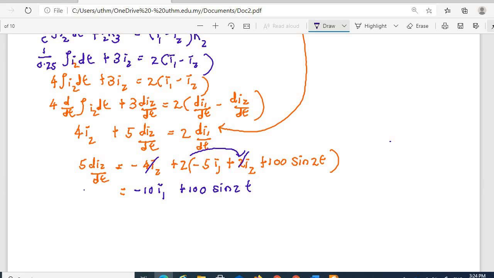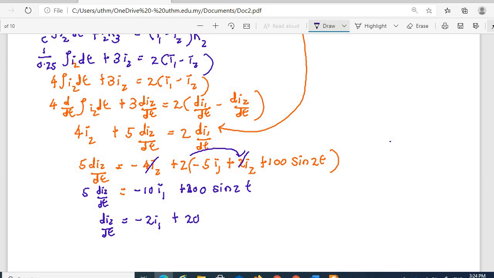So this is 5 times dI2/dt. We want 1 times dI2/dt, so divide by 5 on both sides. So we have negative 2I1 plus... Student: Doctor, is it 100 or 200? Oh, 200, yes, 2 times 100.